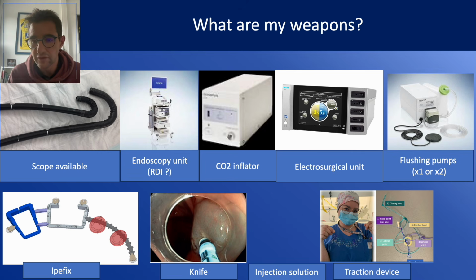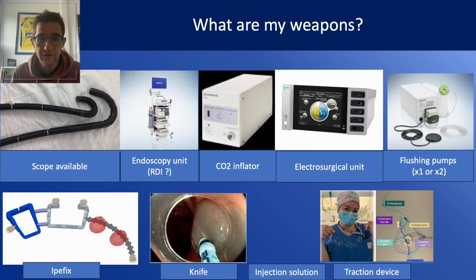Have you a CO2 inflator, which is absolutely needed for such a resection by ESD? What is your electrosurgical unit and the settings? Do you have one flushing pump, two flushing pumps, or three flushing pumps, depending on your strategy, and an underwater strategy, for example, where three pumps are very good.